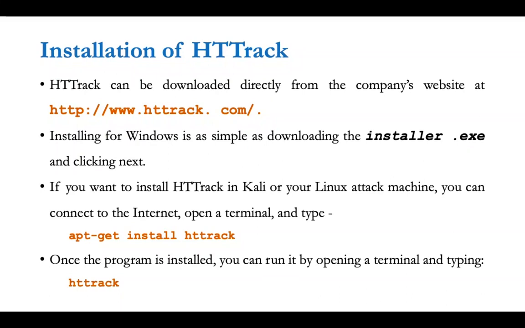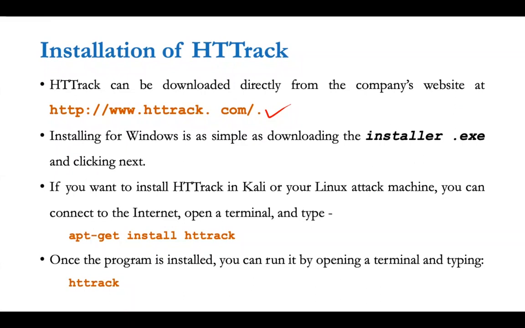HTTrack can be downloaded directly from the company's website that you can see from here, to use for cloning. If we want to install it for Windows, it is as simple as downloading the installer.exe and clicking next.